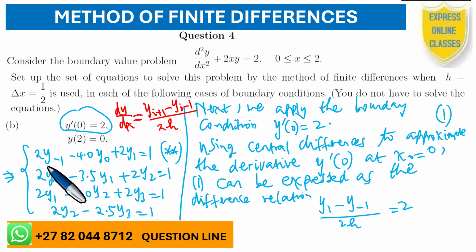These equations here with the 2y subscript minus 1, you call it double star. So we continue.